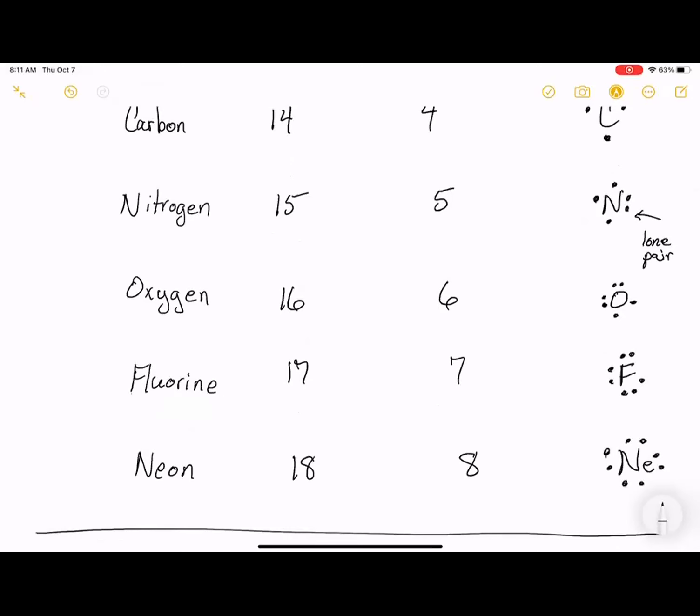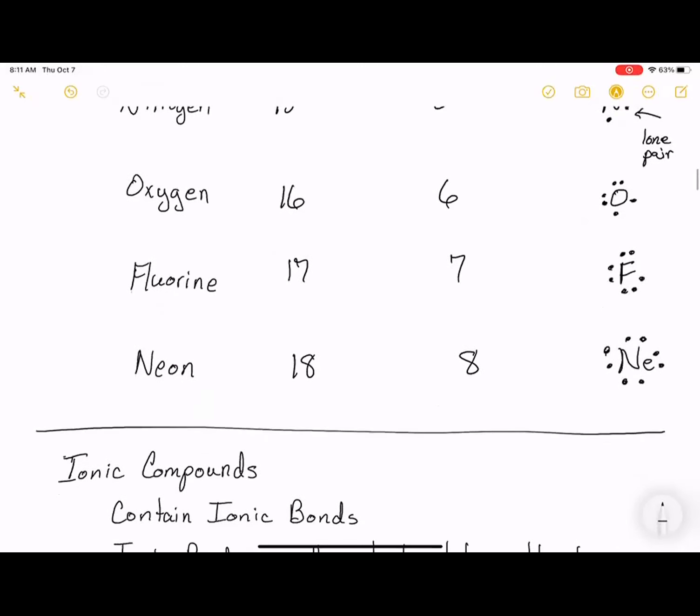The noble gas structures are stable because they have an octet. And we're always going to work towards an octet.